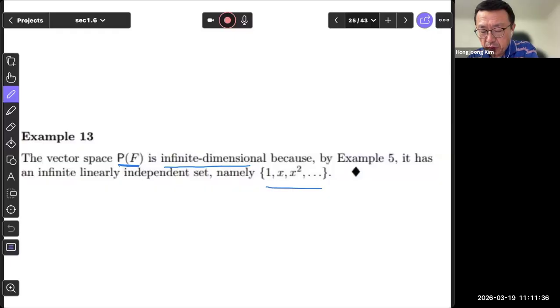This P(F) is considered in our textbook just to show some exceptional situation which finite dimensional vector spaces usually do not have. In general, in our linear algebra class, we will play with matrices, and most theorems consider only finite dimensional vector spaces.